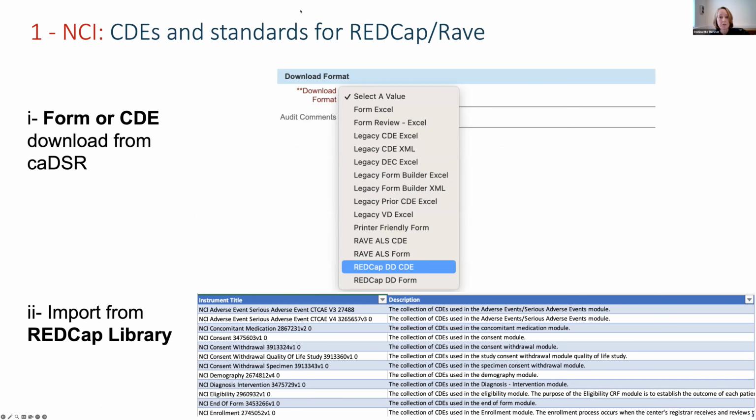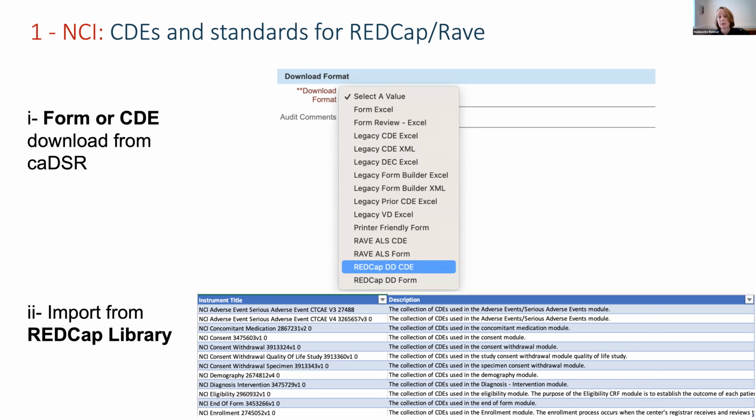So as Umit was mentioning, some of the key components in his first slide were things like REDCap. One of the things that caDSR2 has been able to do is give us additional flexibilities to meet the needs of the community. So not only can you download content in some standard formats like Excel and XML, with the new tool, we can fairly easily develop custom download formats.